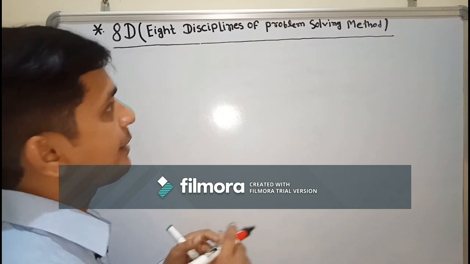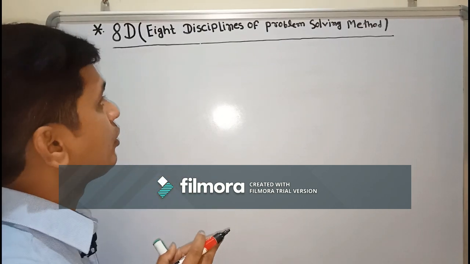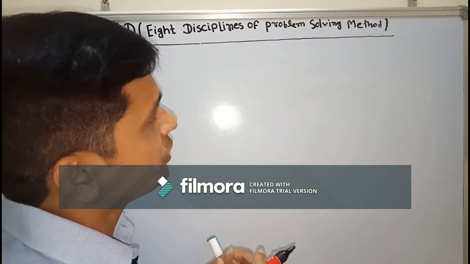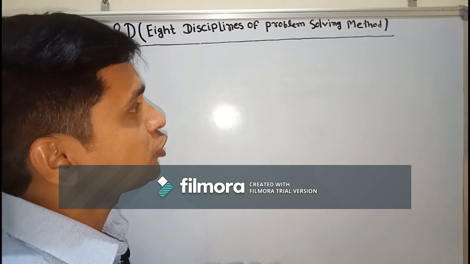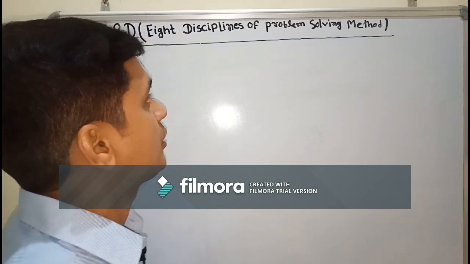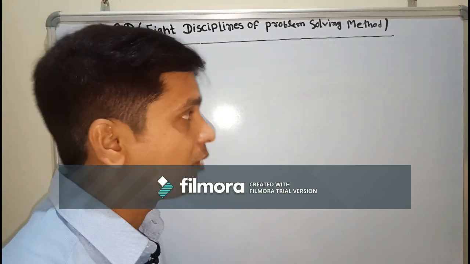So there are three different names for the 8 disciplines of problem solving. 8D is a method of finding the solution of any problem. If you follow the 8D steps, you will resolve the problem.